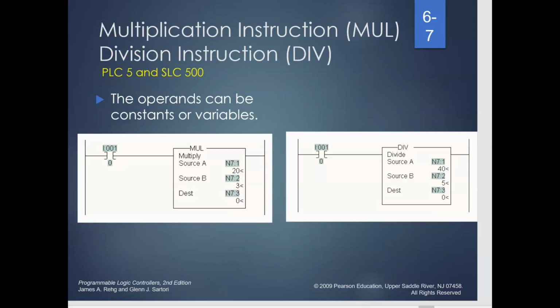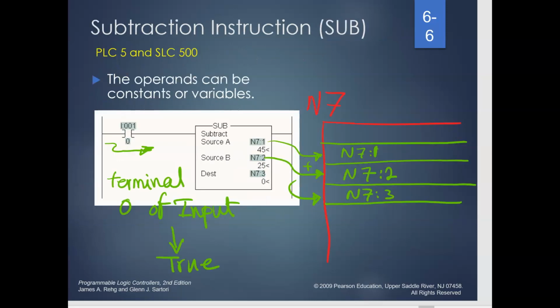The next slide shows you the same procedure for multiplication and division instructions. This time, if I use MUL, which stands for multiplication, instead of adding, or instead of subtracting, sorry, in the previous slide I was subtracting. So let me correct it here. Here the value in source B will be subtracted from the value in source A, and the result will be stored in the destination.